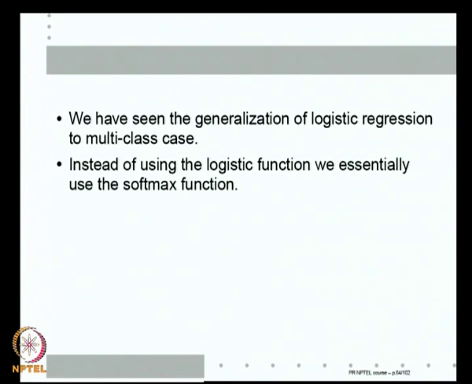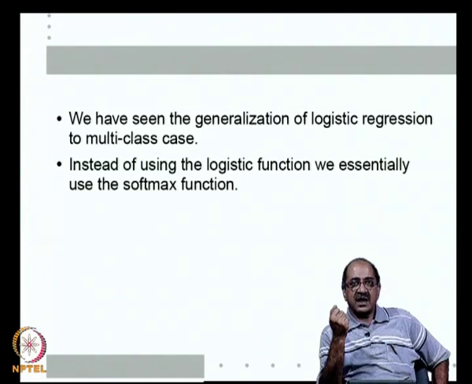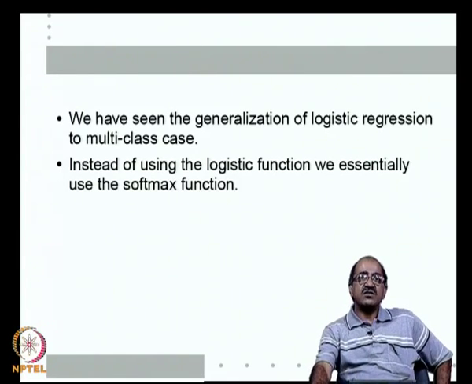Essentially, a logistic function is used as a continuous approximation to the sign of ln of the posterior probability of class 1 by the posterior probability of class 0. In the multi-class case, I need to find the maximum of all the posterior probabilities. So, I have to use some smooth analog of the max function, that is the softmax function.